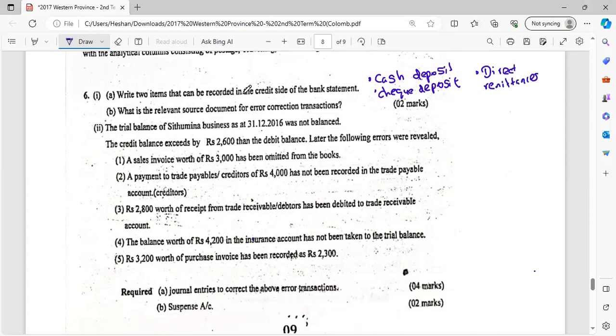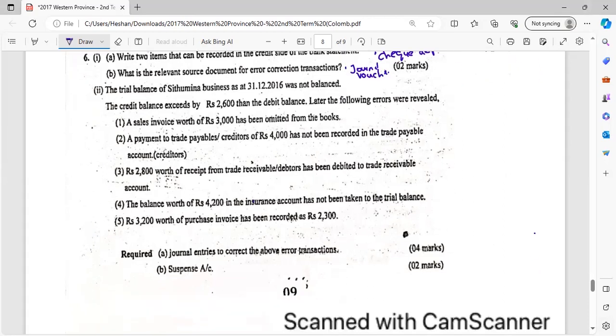Okay, what is the relevant source document for an error correction transaction? The general journal is the primary book, so the source document is the journal voucher. Okay, so question number 6, Roman number 2.